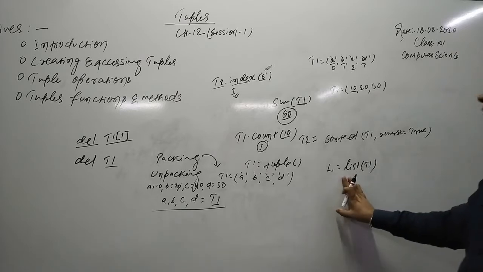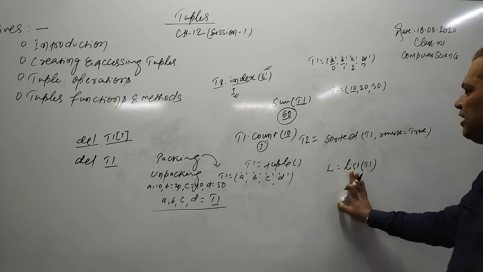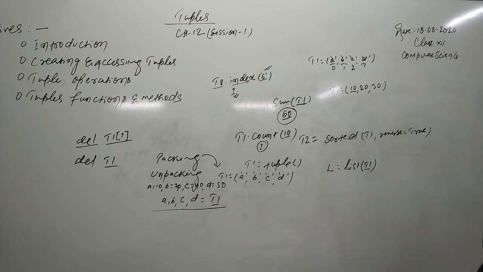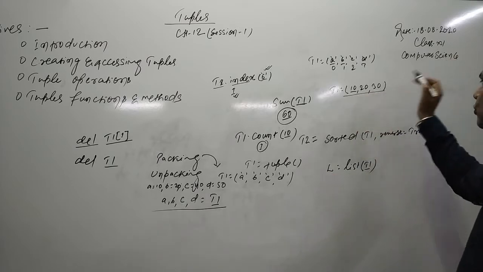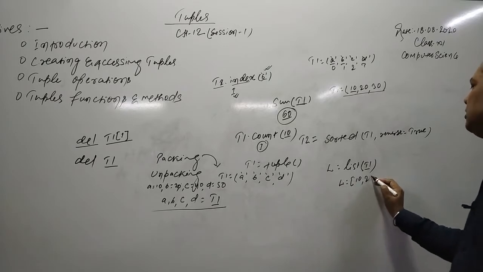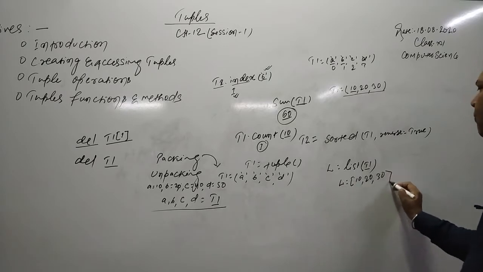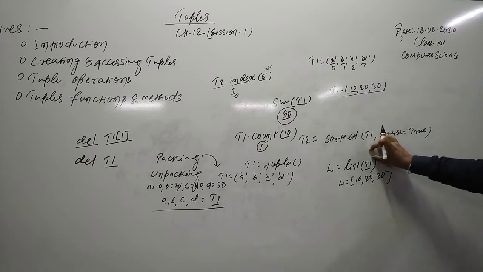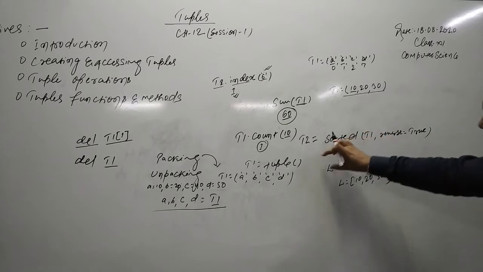Basically, list is a constructor, as you know, that creates a list L, and the elements of the list will be T1. For example, if T1 has 10, 20, 30, then L will give you 10, 20, 30. I hope it's very clear. You are passing T1 as a parameter to the list constructor.